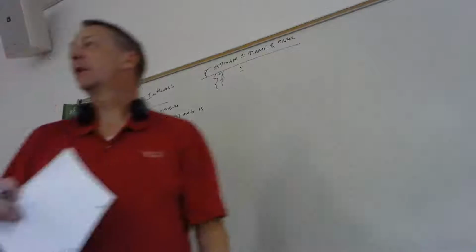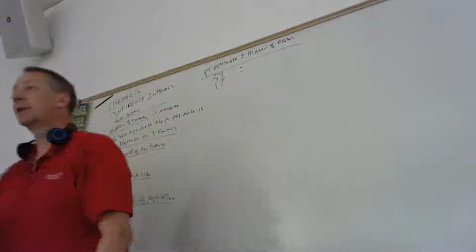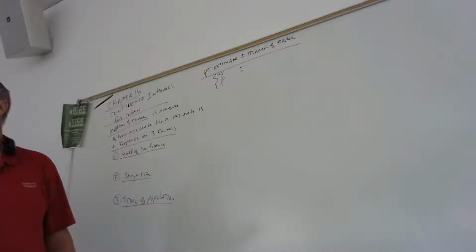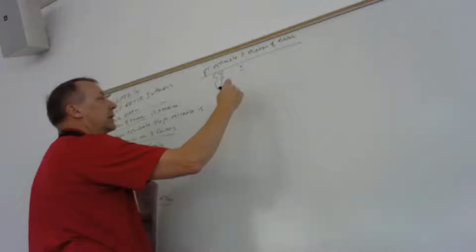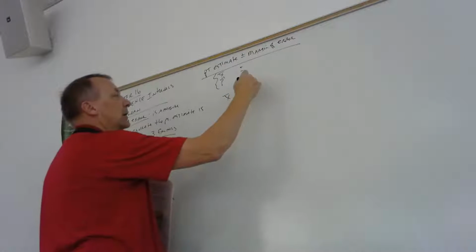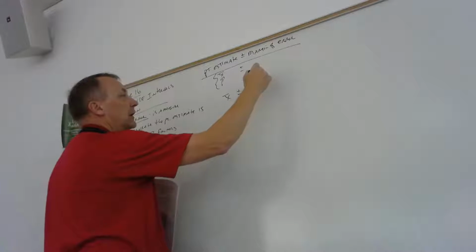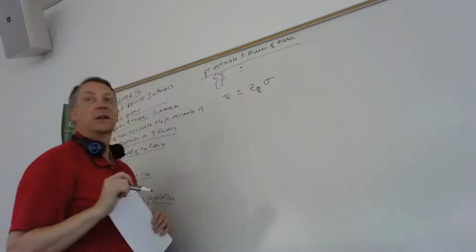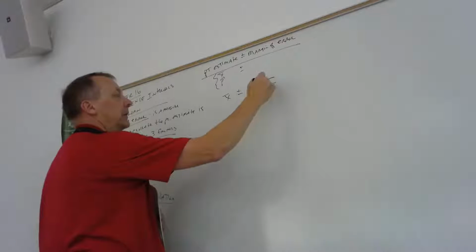Do you guys remember, maybe from your notes, what the formula was that I gave you last time in class? X bar plus or minus z sub alpha over 2, parentheses, sigma over the square root of n.